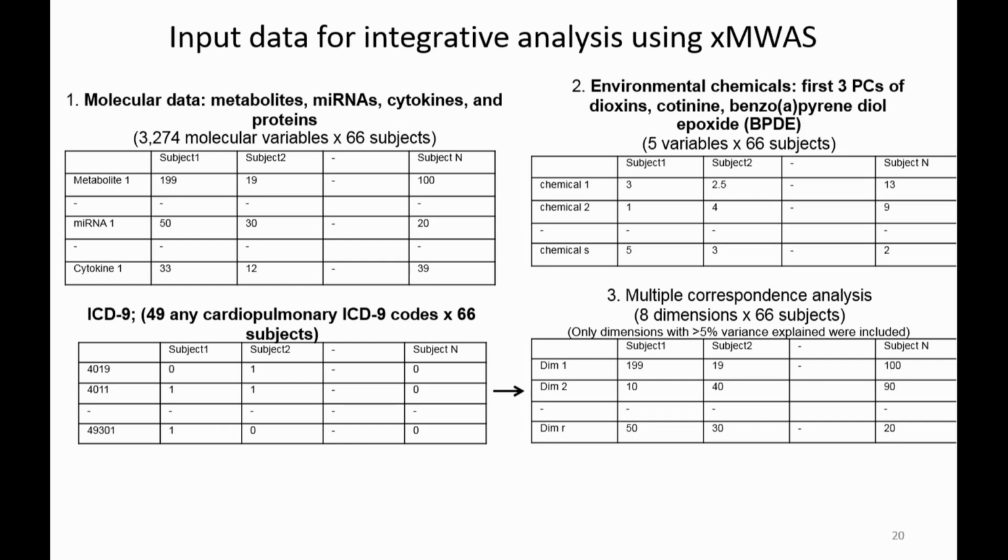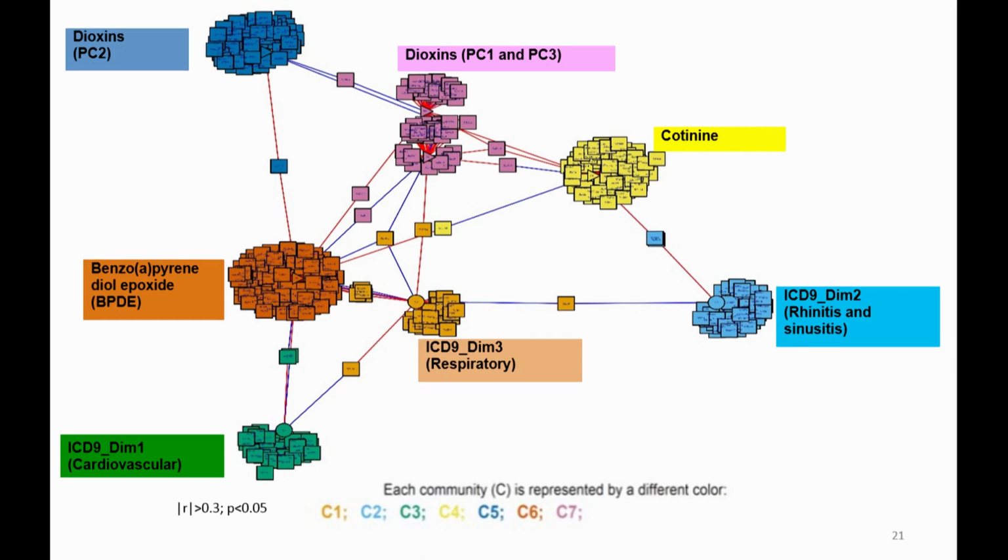So we took all this data and plugged it into our data integration workflow, and we got this pretty picture, which is sort of hard to interpret, but I'll walk you through it. So in this network, there are 3 types of nodes. We have the squares, which represent the biomolecules, metabolites, microRNAs, cytokines, and proteins.